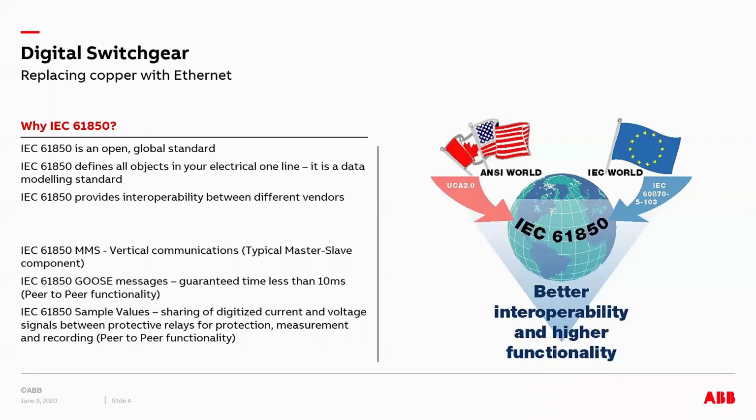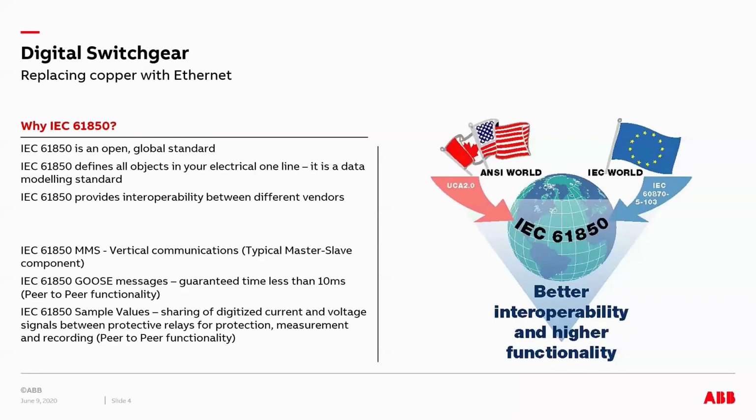And the third aspect of 61850 communication is sample value sharing. It's also called a process bus, where the digitized current and voltage signals between protection relays are shared between the relays, between the IEDs. The receiving IED can use that current or voltage signal for protection, measurement, and recording functions and so on.